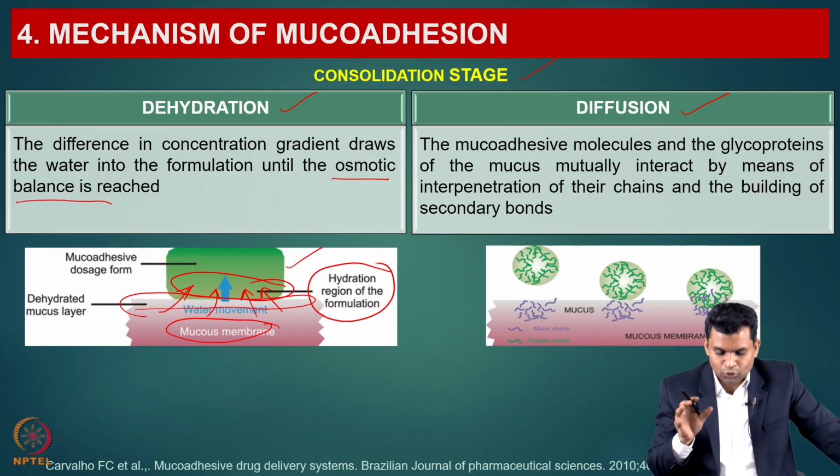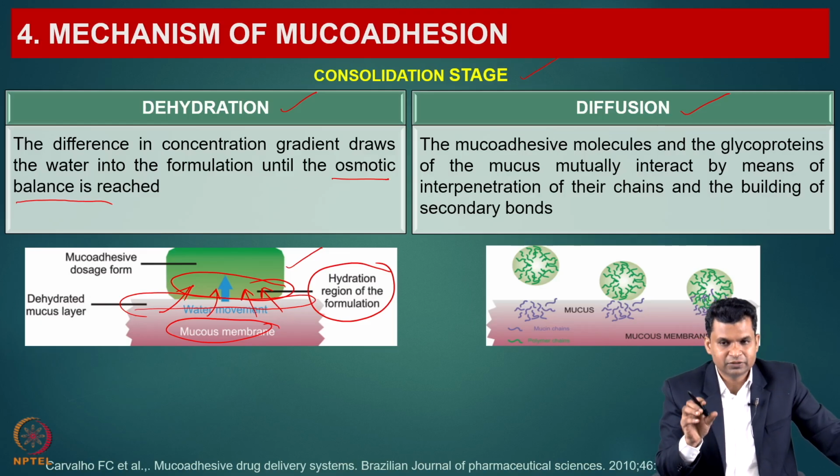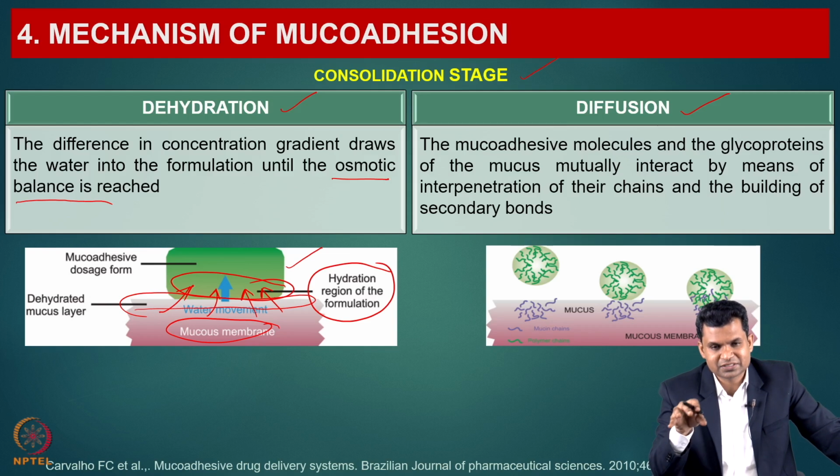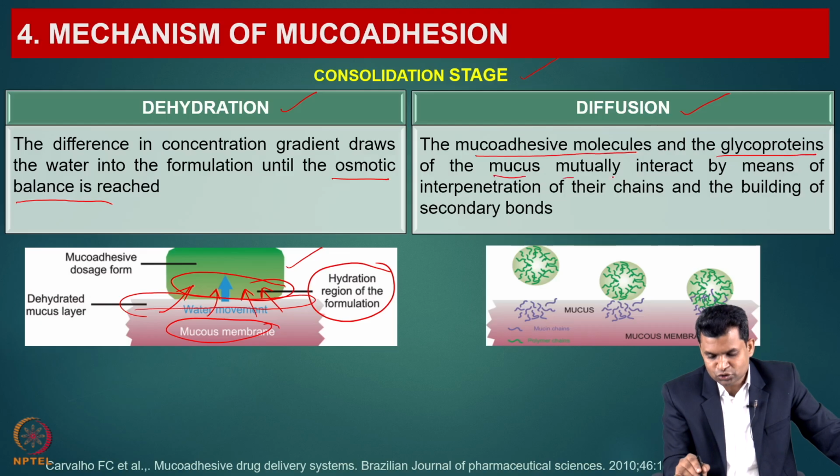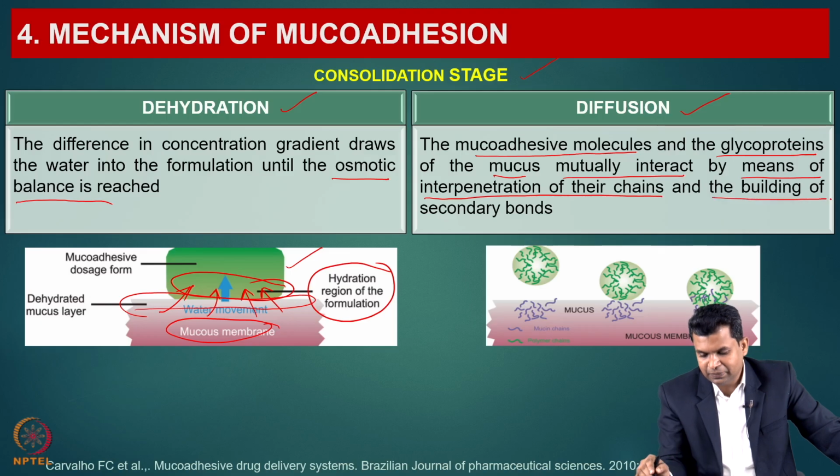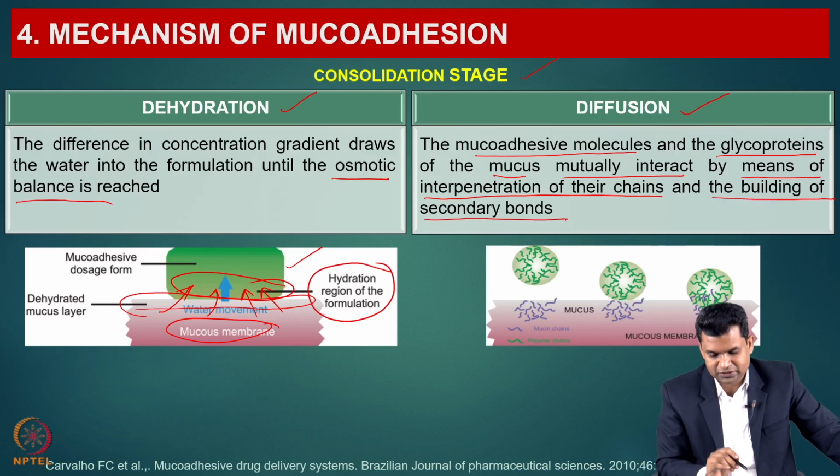Diffusion is nothing but the movement of your carrier into the mucus layer, and further it will enter into the deeper layers of the cells. The mucoadhesive molecules and the glycoproteins of the mucus mutually interact by means of interpenetration of their chains and the building of secondary bonds.